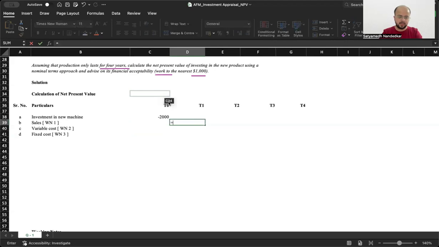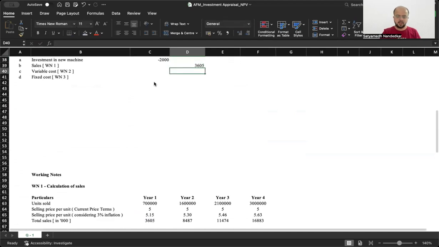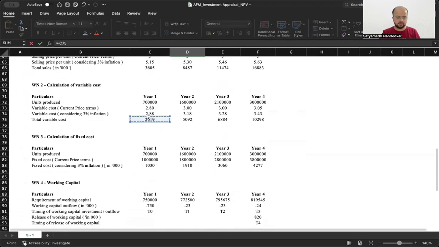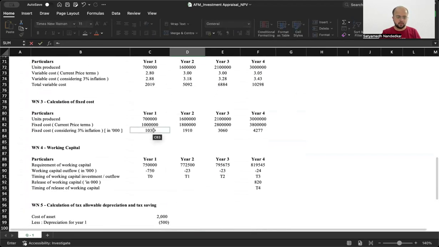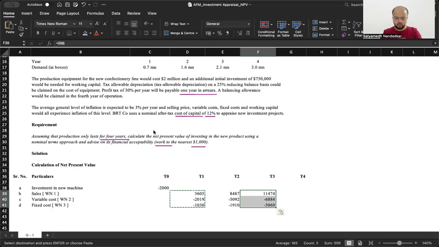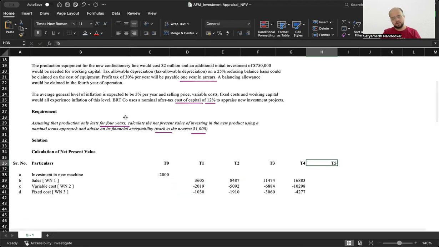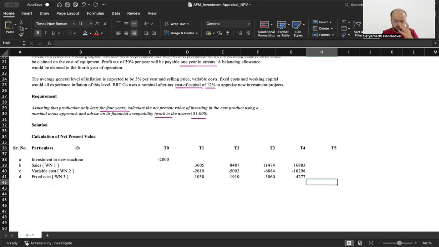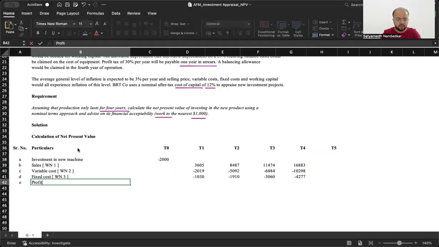Okay, sales you pick up from here. Variable cost, bring it from working note 2, and fixed cost, bring it from working note 3. Okay, that's done. Do it for year 2, 3 and 4. You have copy-pasted. Now what you have done is tabulated the sales, the variable cost and the fixed cost. Now what you do is calculate the profit, or I would call it cash profit or taxable cash flow.